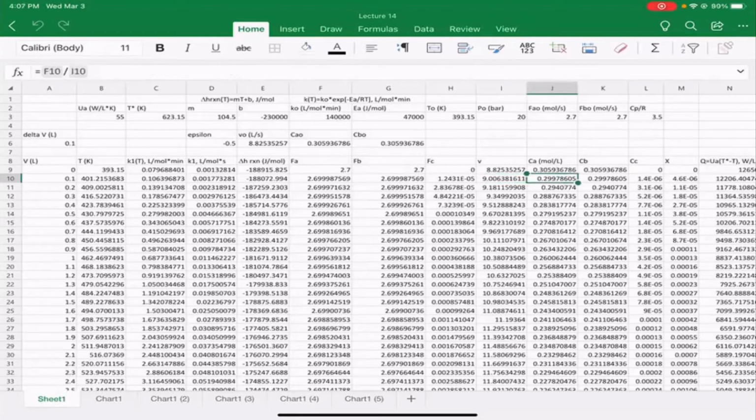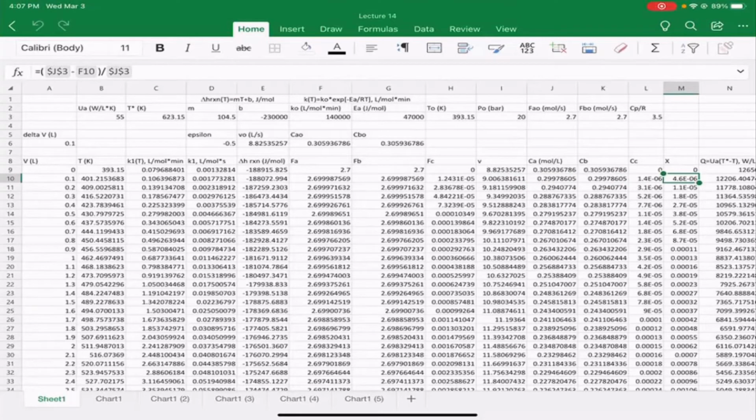We calculate the concentration of A as the flow rate of A divided by the volumetric flow rate, and the same thing with B and C. And lastly, the conversion is essentially 1 minus FA over FA0, or FA0 minus FA over FA0 here. And so those are all the parameters that we were after in solving this problem. And here's how it's implemented.